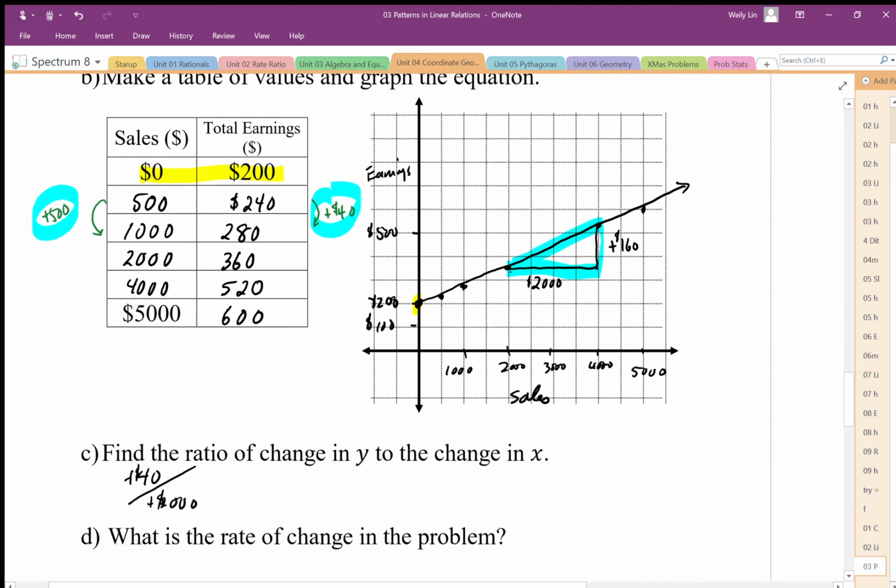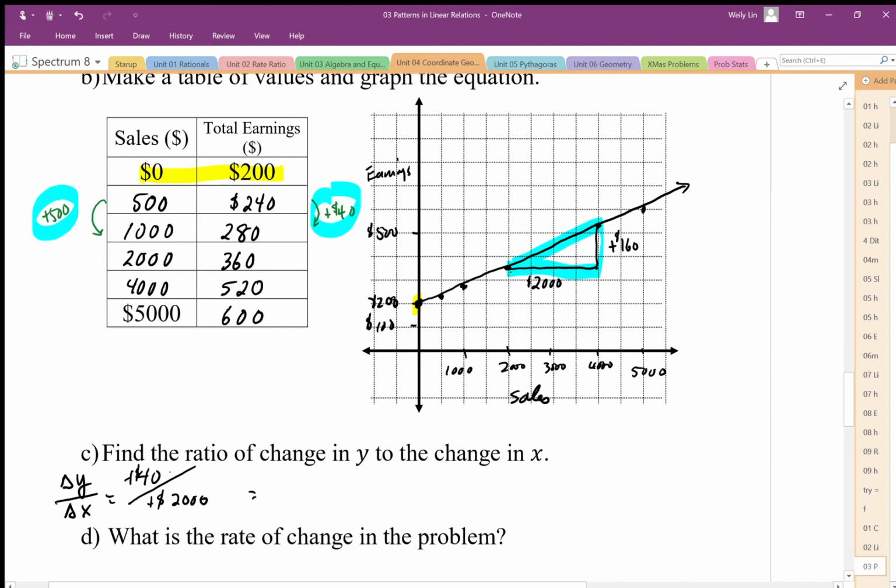The ratio of change is always the rise, our dependent variable, divided by the change in our independent variable. I should make sure it's clear: it's the change in y compared to the change in x, with the change in y on top.